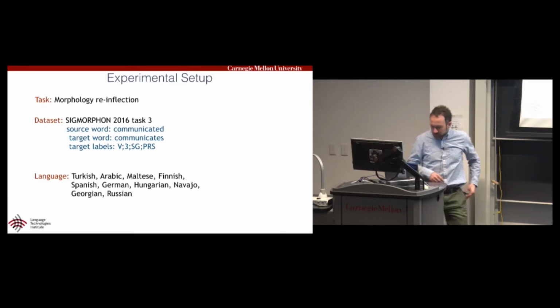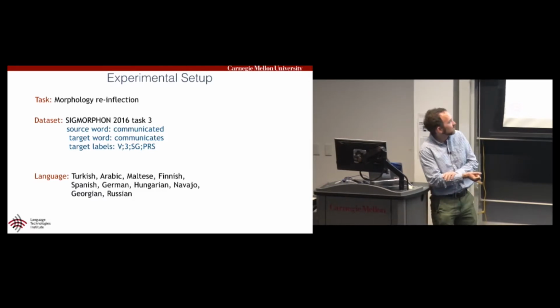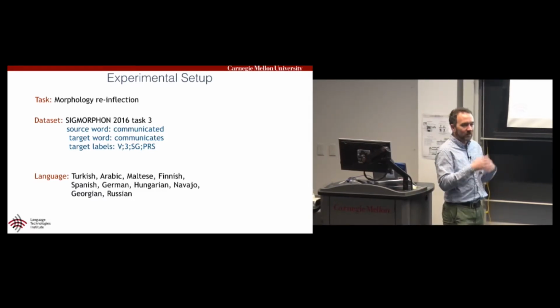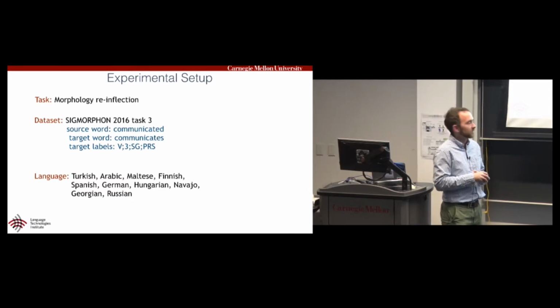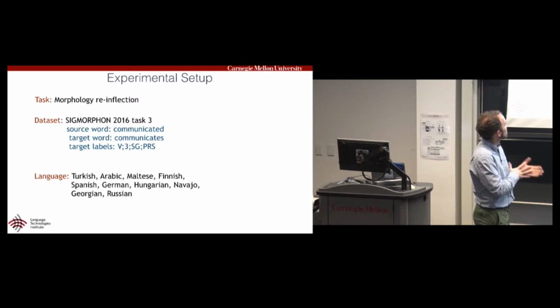So in the experimental setup, we did a task called morphological reinflection. This is what all my examples are from. This is a general model that could be used for a bunch of other things as well, but this is the one thing that we tested extensively on.